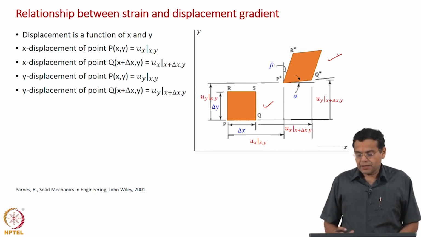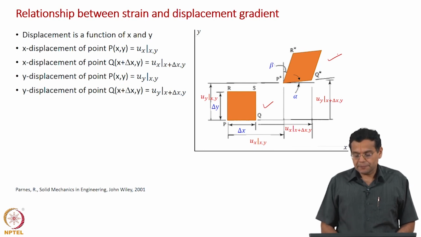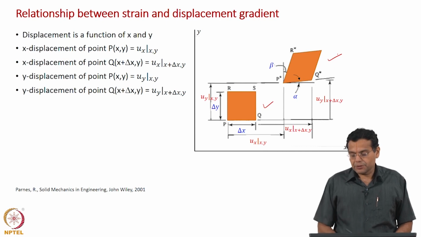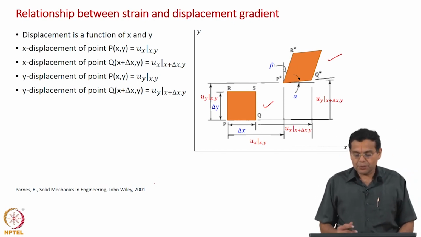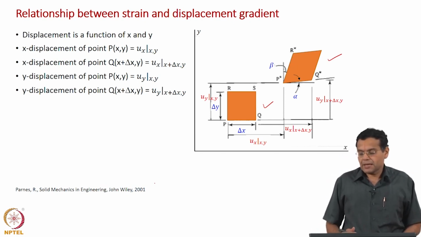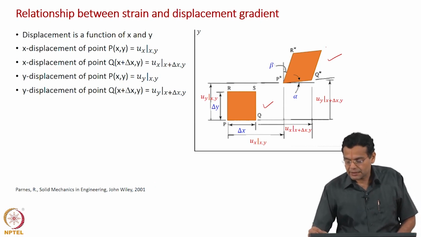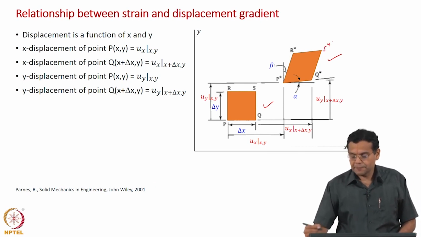where we initially took a 2-dimensional plate or a 2-dimensional region of length delta x, delta y, and then it was subjected to a force, and so there was translation, rotation, normal strain, shear strain, meaning change in length and change in angle as well. Okay. So PQRS became P star, Q star, R star, and then let us say S star. Okay.